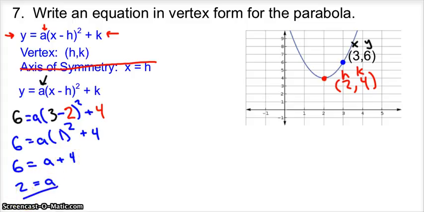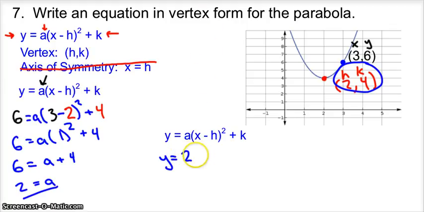So once we have a equals 2, we already know what our vertex is, so we're going to plug it back in here, where we have y equals, we're writing an equation in vertex form. Y equals, our a is from here, 2, and now it just goes back to normal. X minus our h comes from here, which I'm going to put in red.